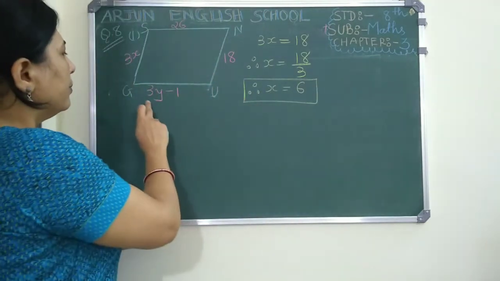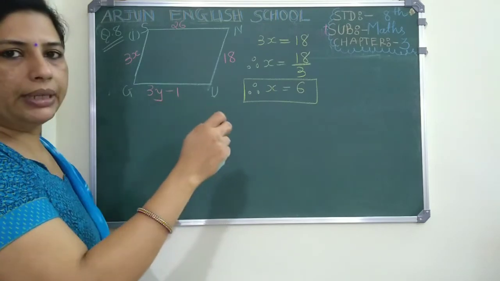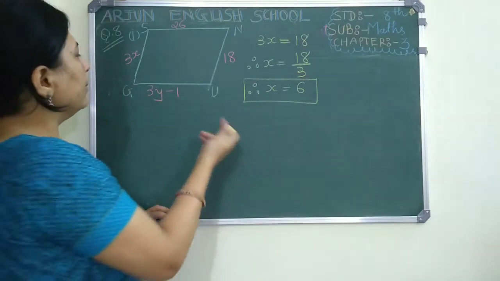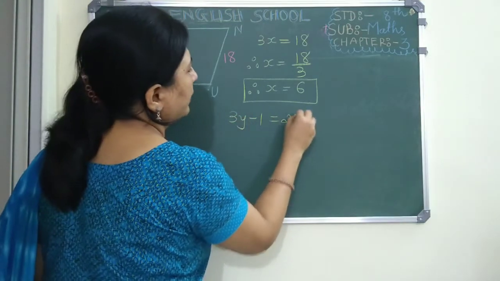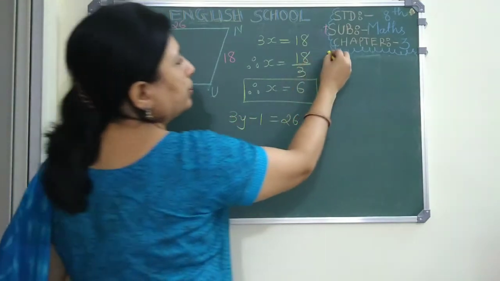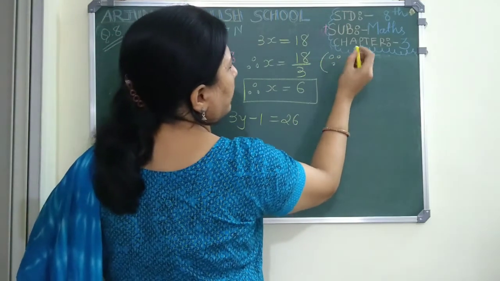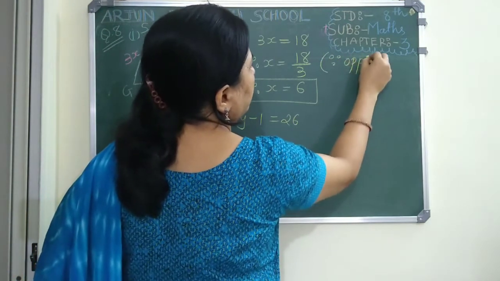For y, we will use again the property that opposite sides are equal. So, 3y minus 1 is equal to 26. And also, you need to write here that opposite sides are equal.